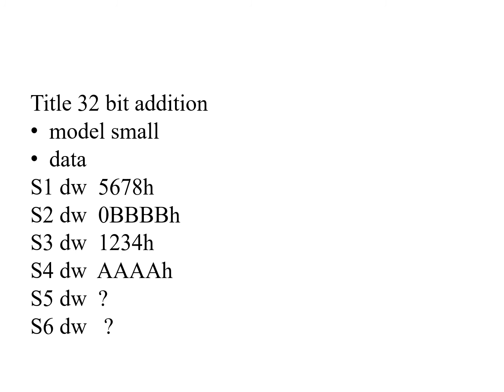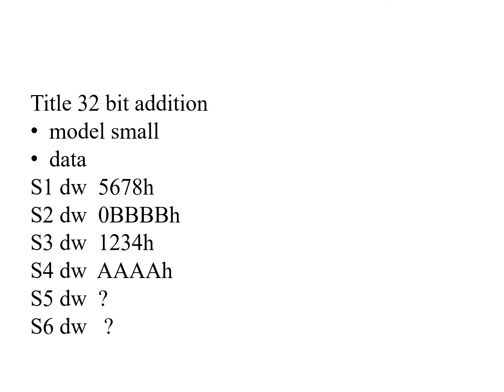is input data. And the question mark here I have mentioned in S5, S6, there only we are going to store the answer. At present we don't know the answer, that is why it is mentioned as a question mark. And S2 has to contain 0BBBB. Why does it start with 0? Because the number starts with the alphabet B, but the machine will not understand whether it is an instruction or data.